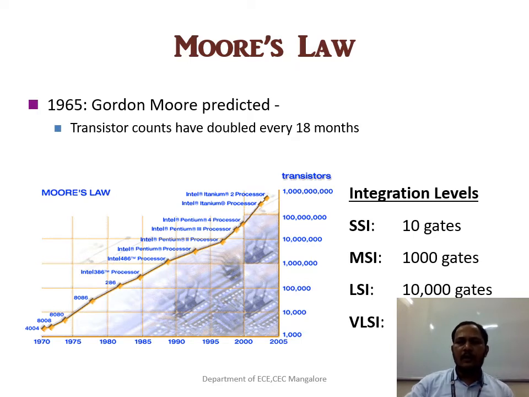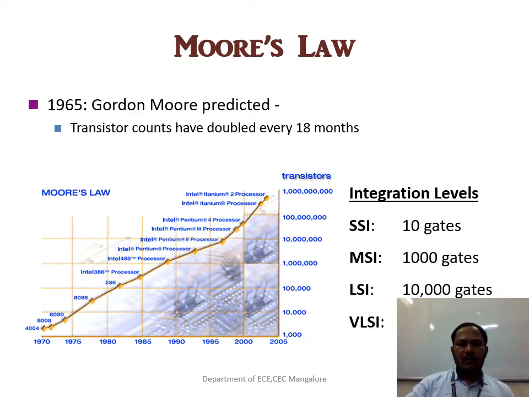I will give one example: in 2018, if we have 1 billion transistors in a square centimeter area, then in 2020 you will get 2 billion transistors in the same square centimeter area. In another way, you can predict that every 1.5 years the transistor size reduces to half.